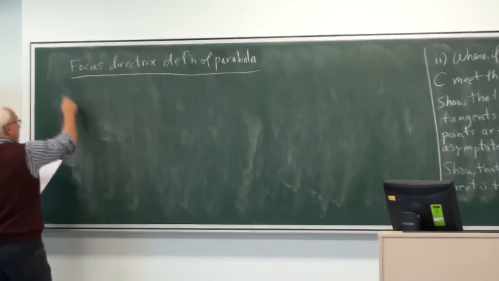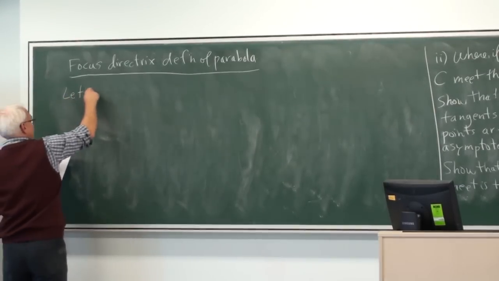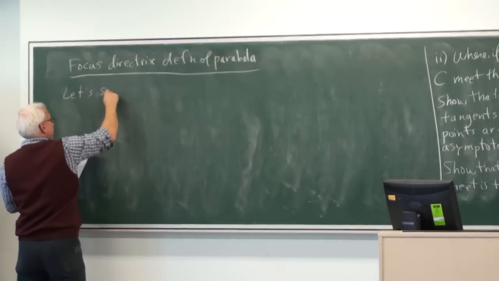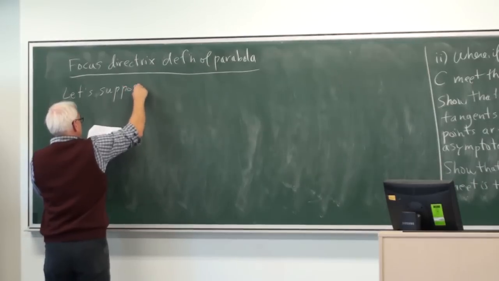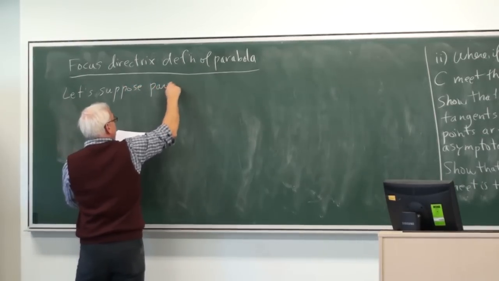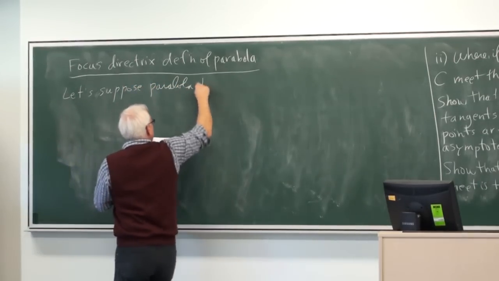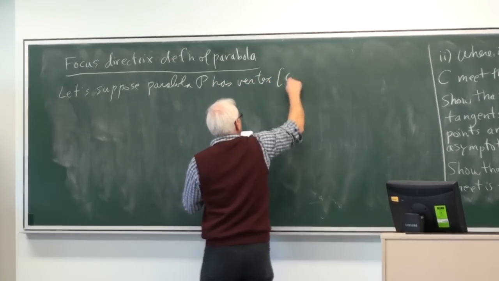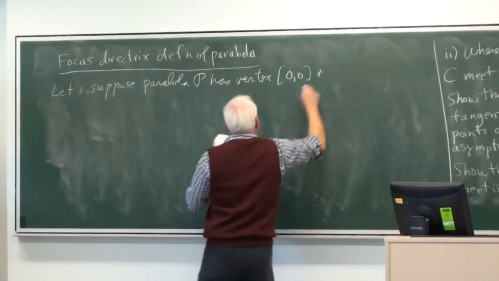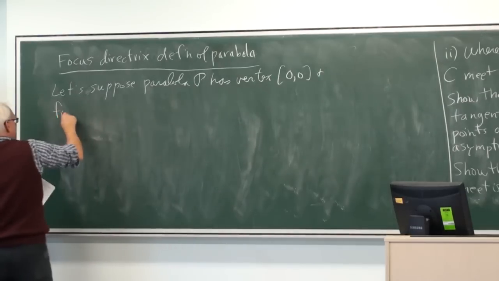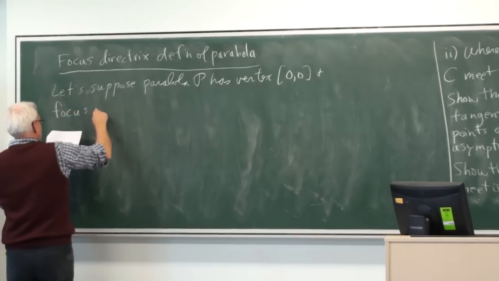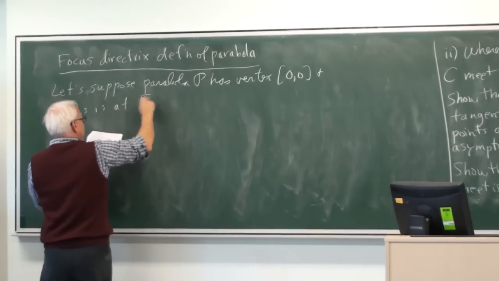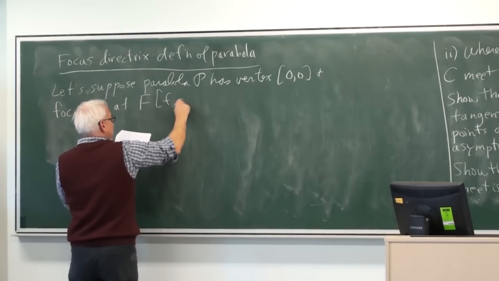All right, so we're going to assume that our parabola P has vertex 0, 0 as before, and we'll assume its focus now is at point capital F with coordinates little f and little g.